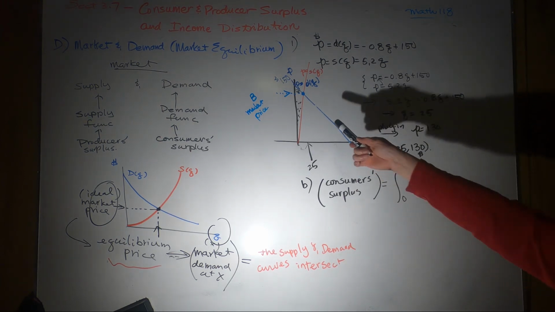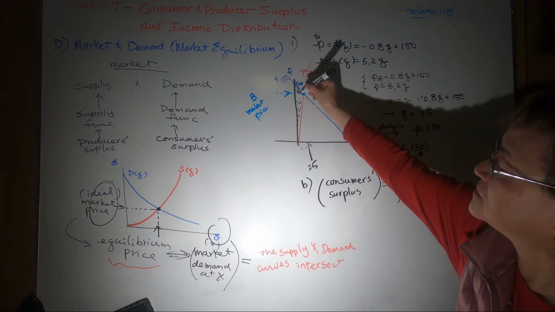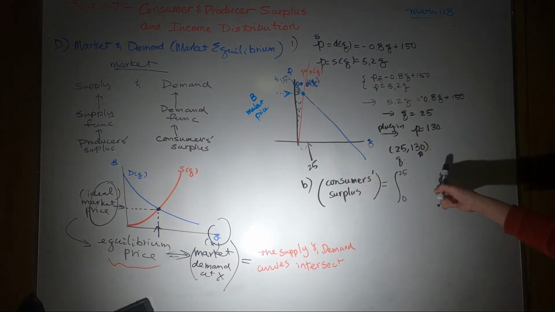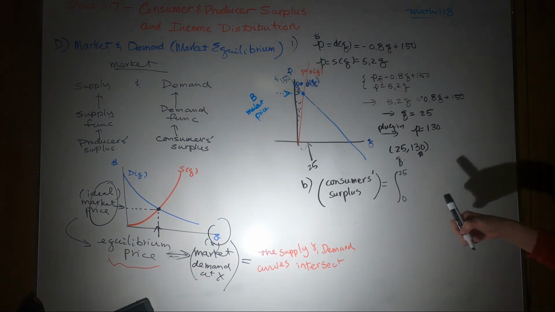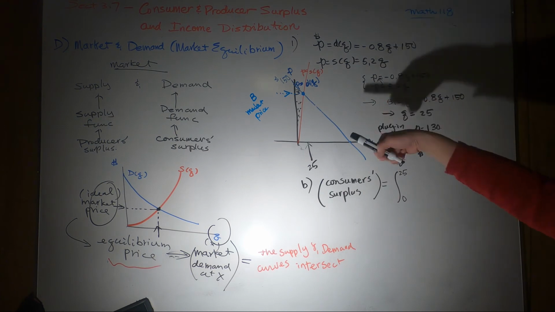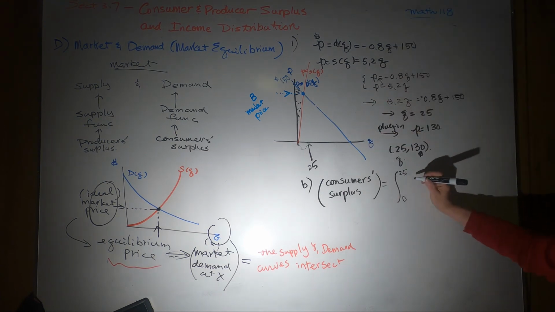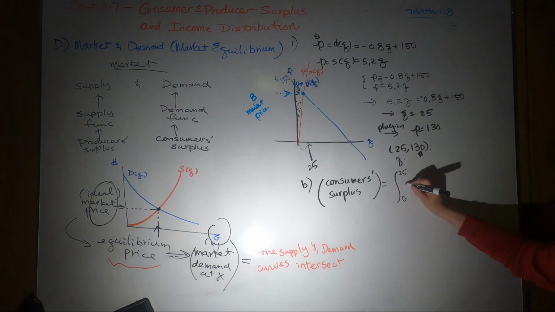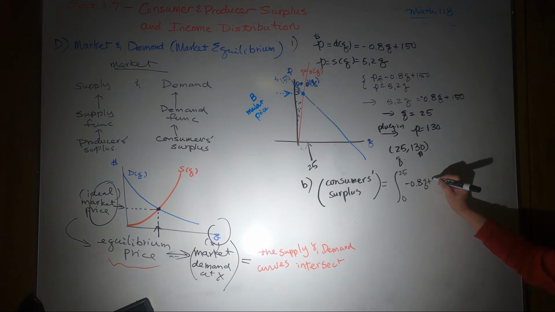Then to find the area between the curves, what do we do? We take the antiderivative of the two curves, the top minus the bottom. The top one is the demand function. That's why we use the graphs to help us.